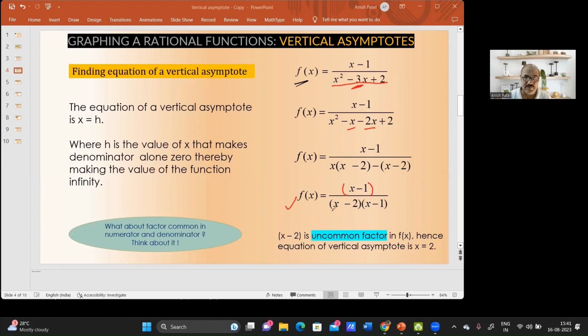So what will be the equation of the asymptote? It will be x minus 2, that is, x equals 2. Now you can think about this common factor x minus 1, which is common in numerator and denominator. It is making 0 to both numerator and denominator. We will discuss that in some later class, so you keep on thinking about it.